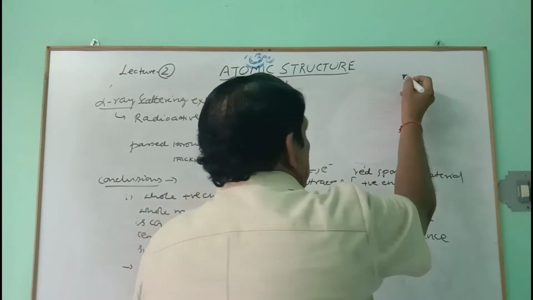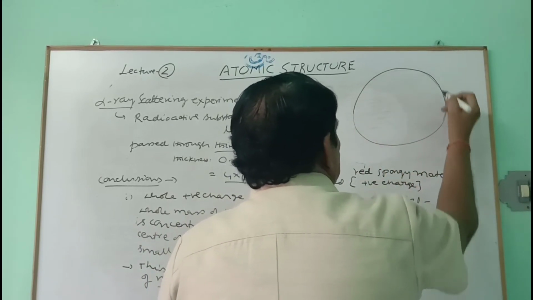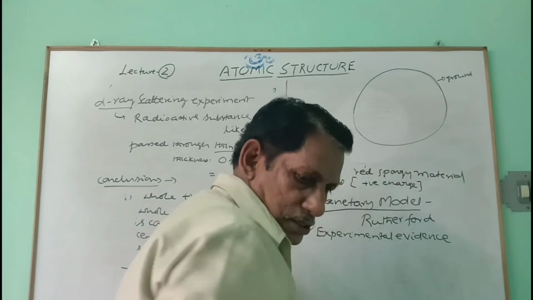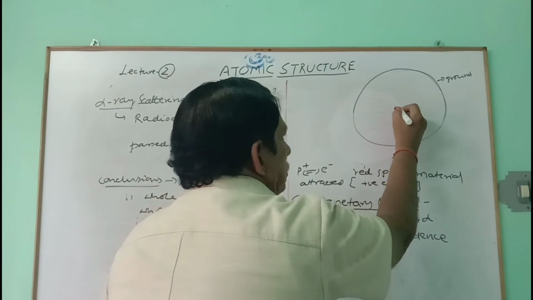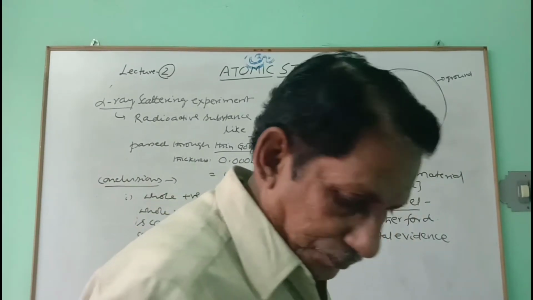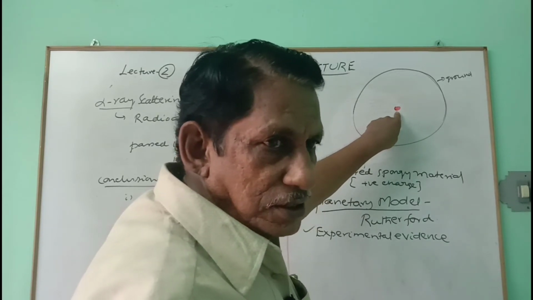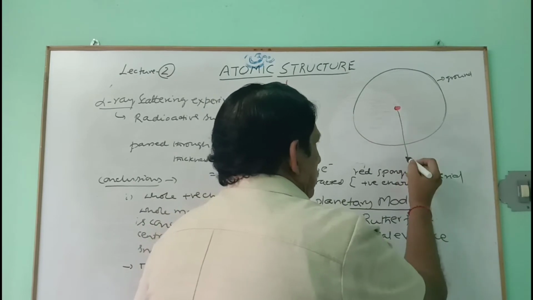This is the ground. This is the red ball, cricket ball placed at the center. Cricket ball occupies very small space. Cricket ball is considered as the nucleus.